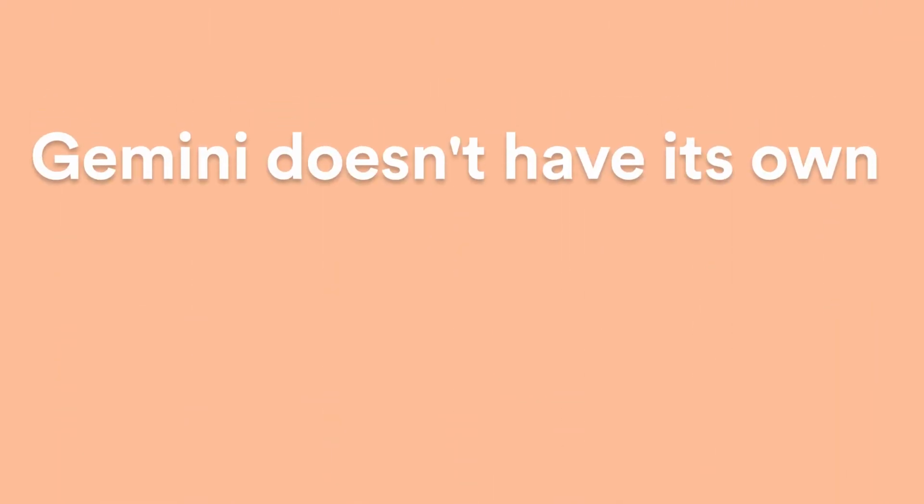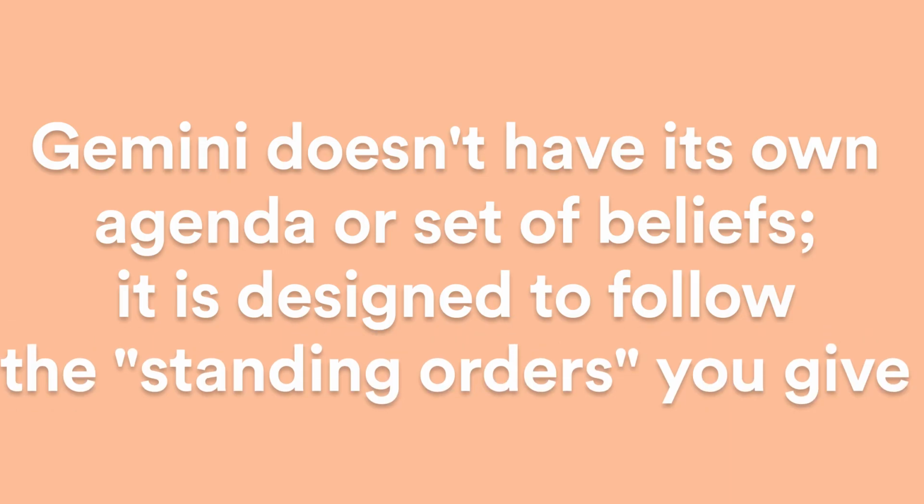But having all of this power doesn't mean the AI is in charge. It is important to remember that even when Gemini is being proactive, it is always taking your lead. It doesn't have its own secret agenda or set of beliefs. It is designed to follow the orders you give it through your instructions and preferences.